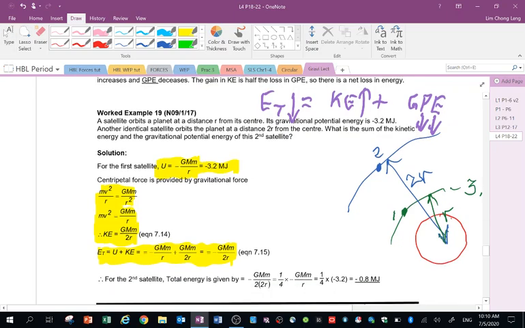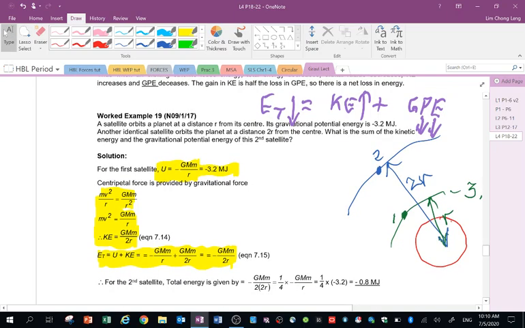And then you compare the expression here, total energy of the second satellite with the first satellite. Suppose the yellow one is for the first satellite. For the second satellite, the distance is 2r. Can you see this second satellite? The distance is 2r. The first satellite, the distance is r. So take note of here.